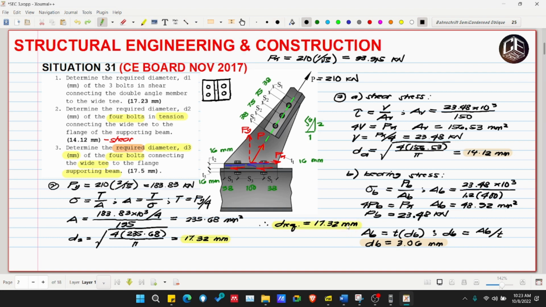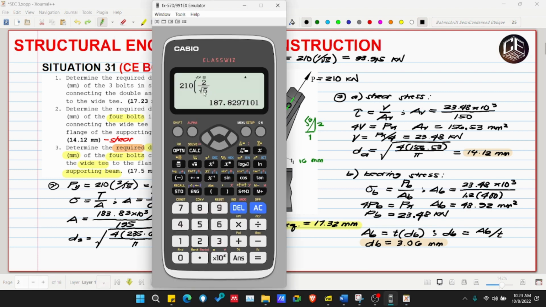Oh, and by the way, upon checking, nagkamali ata kami ito ng tingin. This is 187.83 pala. Ayan, 187.83. So, 187.83 times 10 raised to 3 over 4 divided by 195. Ayan. So, ang ating area ay 240.81. So, 4 times 240.81 over pi, ang ating diameter ay 17.51.